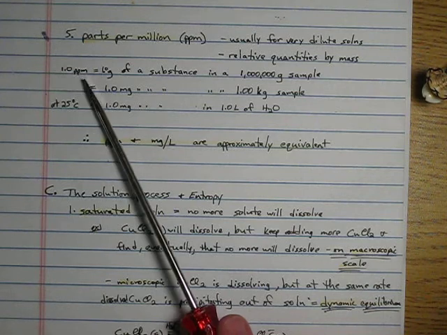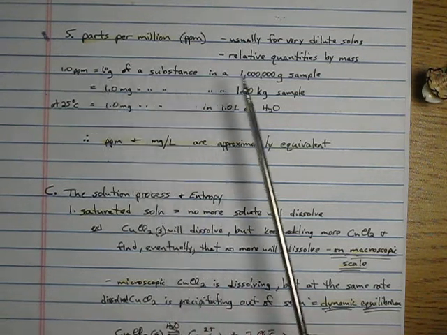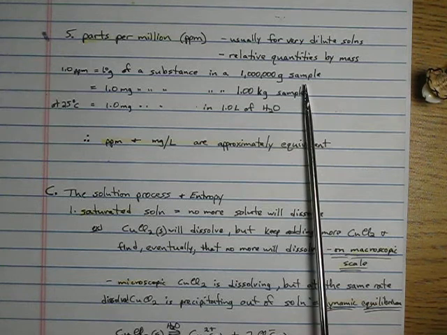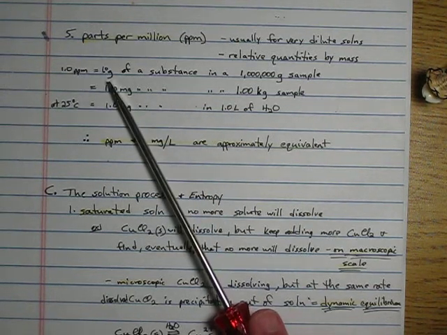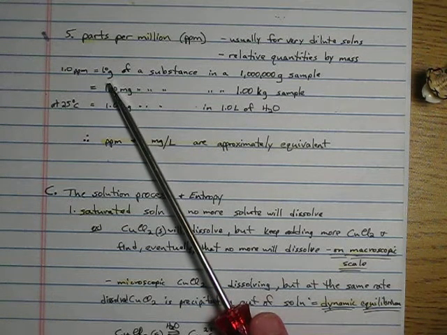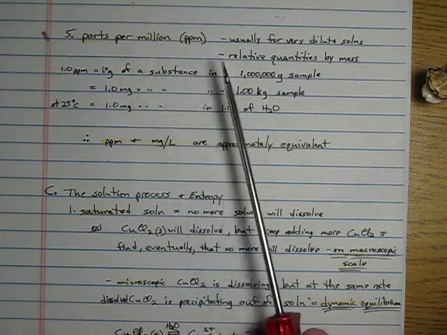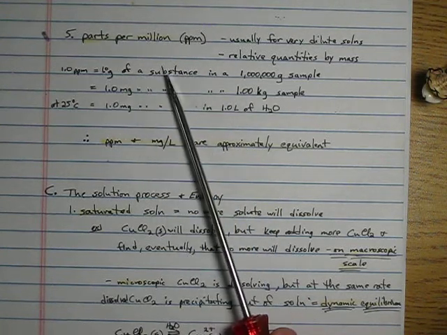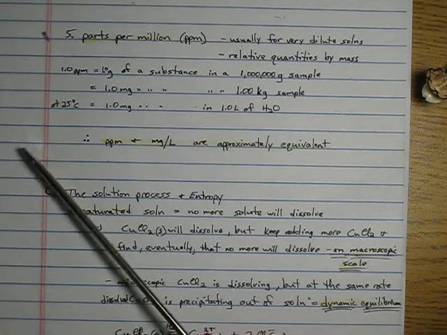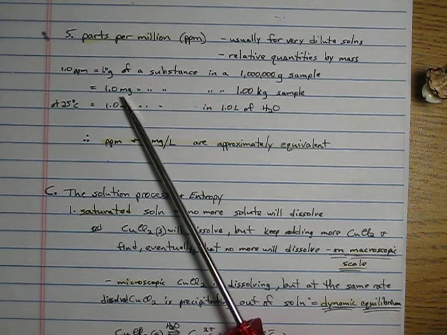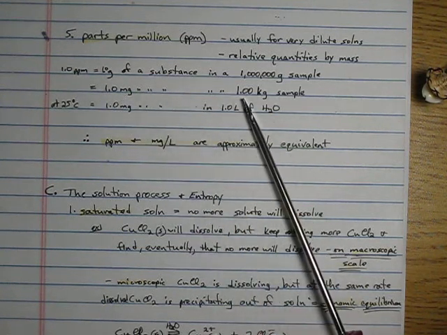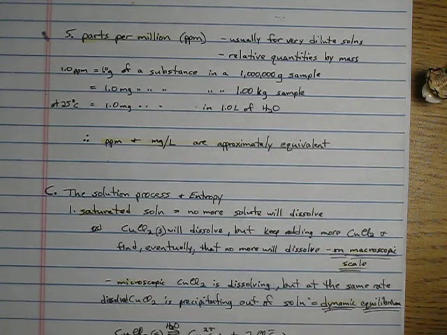So, 1 part per million would mean if we had 1,000,000 grams of a sample, 1 gram of it would be our solute, or the thing we're interested in. If we said the concentration is 1 part per million, that means if we had 1,000,000 grams of sample, only 1 gram of it would be the substance we're interested in. Now, doing a little math, that means also that if we had 1 milligram of the substance in 1 kilogram of sample, that is also parts per million.